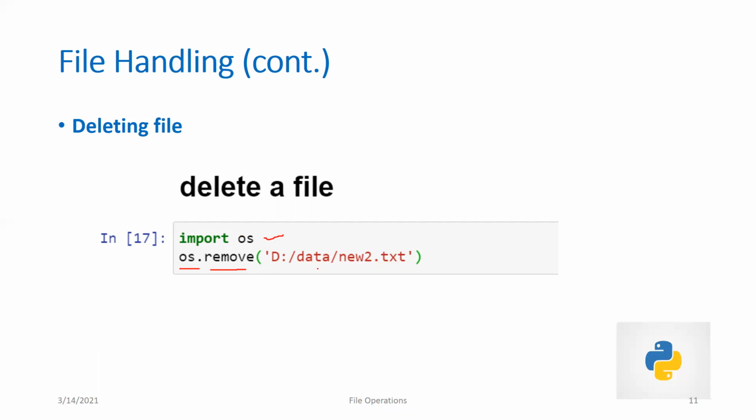Here I mention the location of that file. This is how I can mention every location of all my files, not in the default file storage, but any location of my computer. So the new2.txt file was located in my D drive, and this is the root folder of my Jupyter notebook data, and these folders are separated by this slash, and this is the file name that I want to delete, and this is the file type.